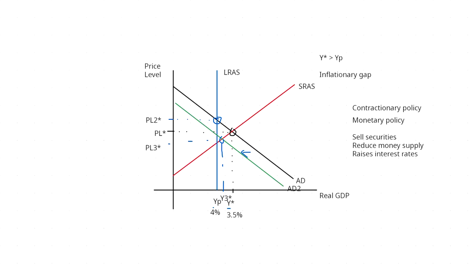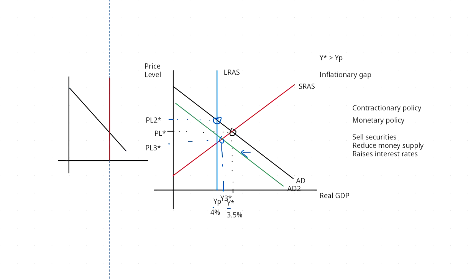Again, monetary policy is more indirect. So what you're actually seeing is we have to draw that market for loanable funds again. What you're seeing is this situation where money supply was here, and now we're shifting it back to here.